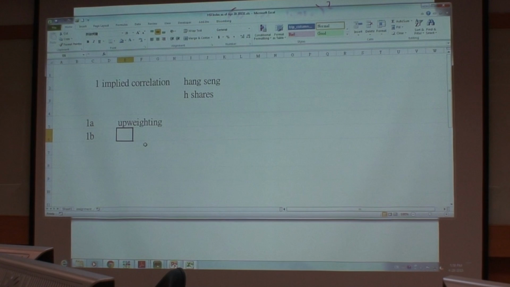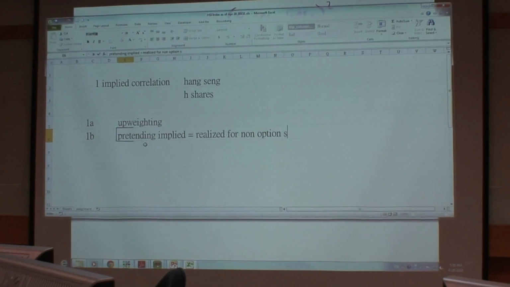So one method is upweighting, the other method is pretending implied equals realized for non-option stocks. And also, I want to know the realized dispersion.